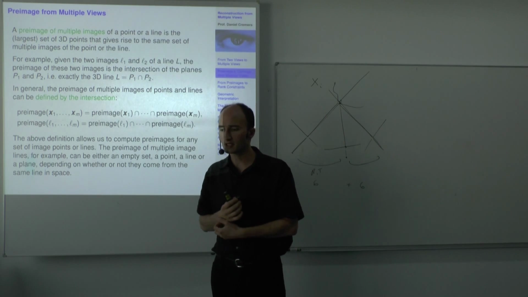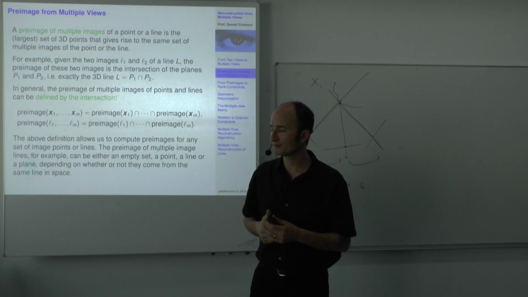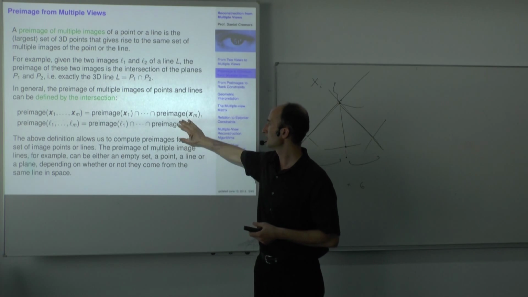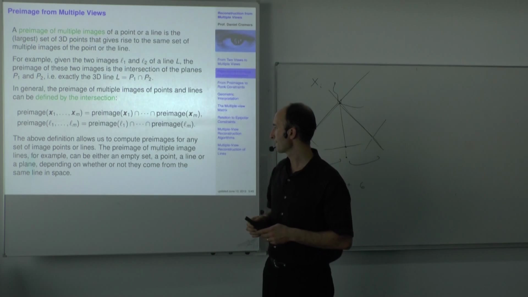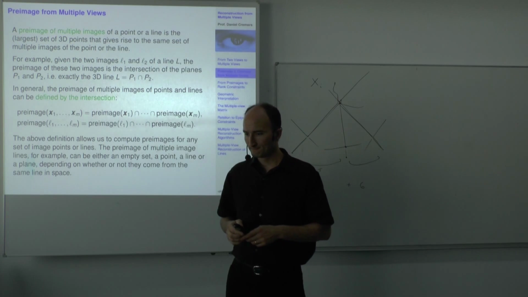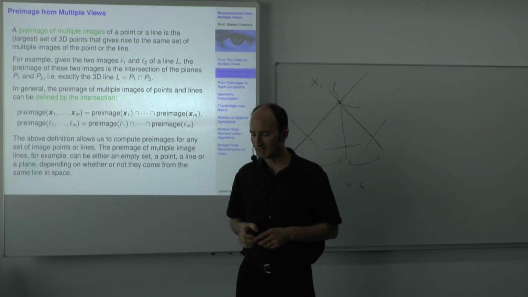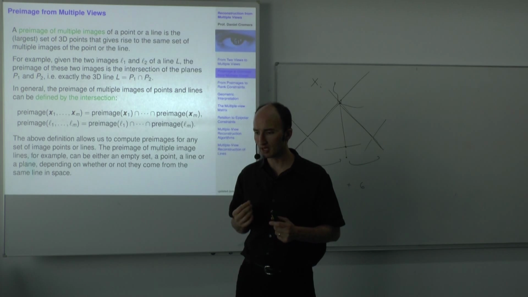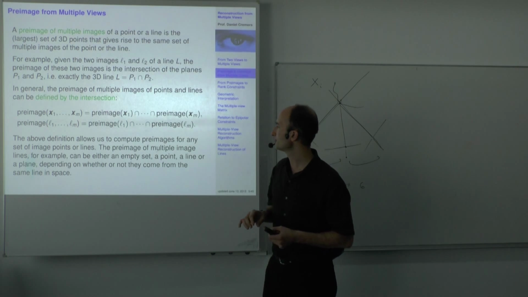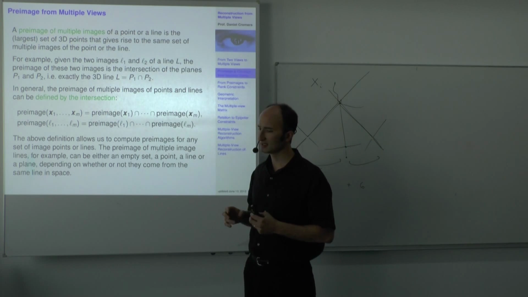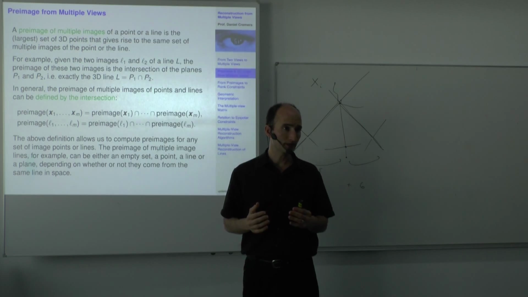And so the extension of pre-image to multiple frames is simply done by intersecting all the pre-images. And of course you can imagine, once you have multiple images of a line, then for the intersection of pre-images there are many possibilities.